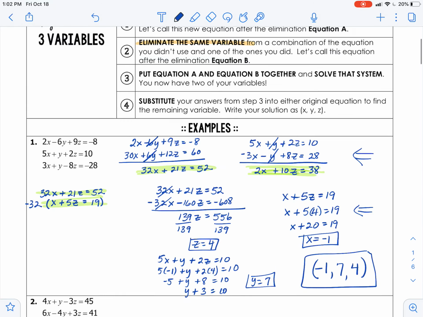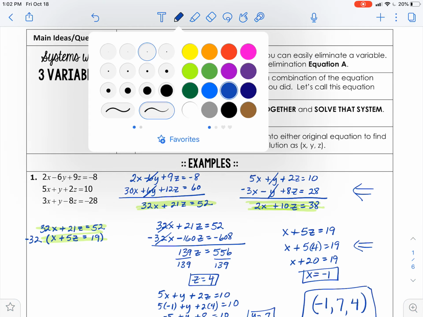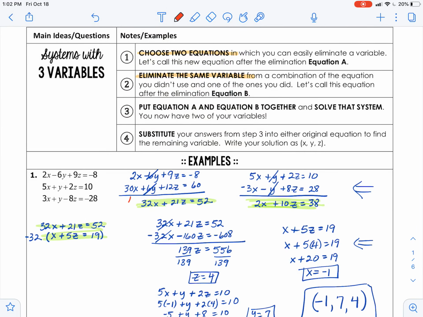So again, you want to choose 2 and eliminate a variable. Then you choose 2 more of that same one, eliminate the same variable, that is a key. And then you take those 2 equations, they called them here A and B. Okay, so this would be equation A and equation B. I'm going to put those over here.